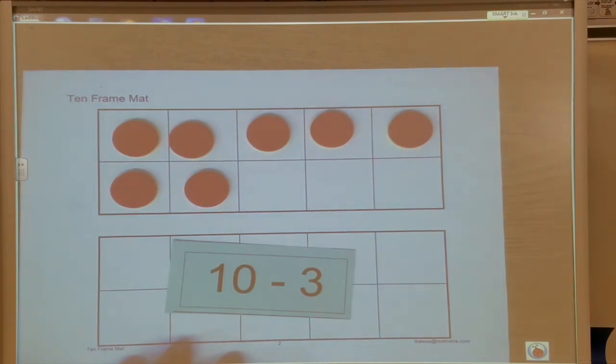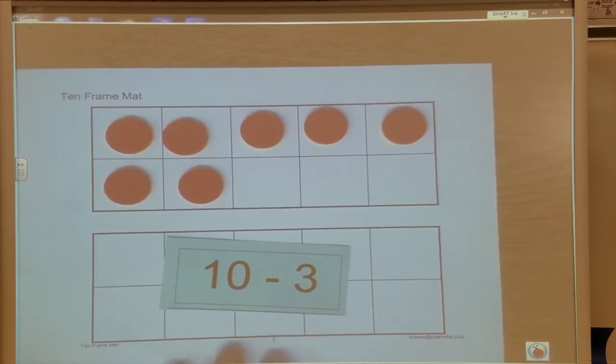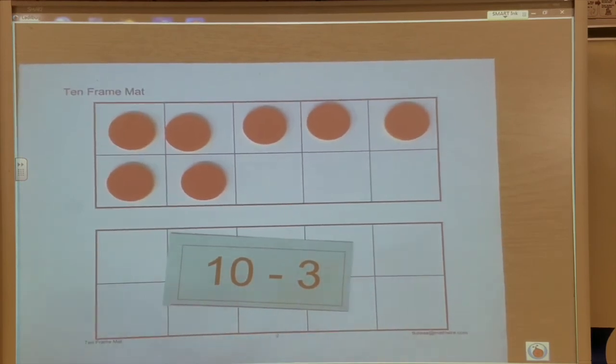And with good instruction and plenty of practice, students are already seeing that inverse and using their understanding of the inverse relationship between addition and subtraction to know that the missing part is 7. So this is the subtraction make 10 strategy. It builds off of the addition work that we do with the combinations that make 10.